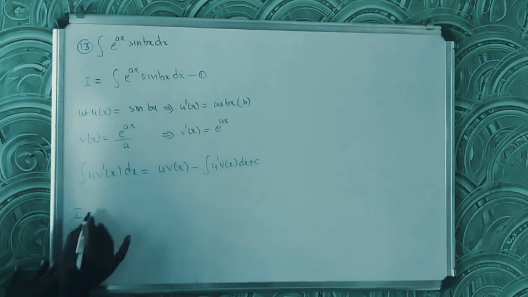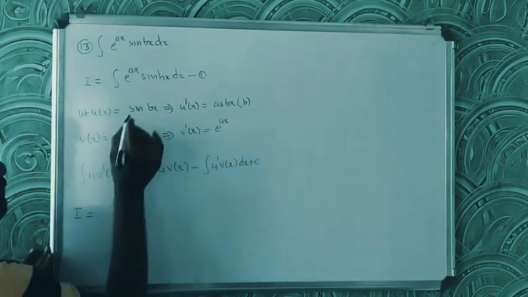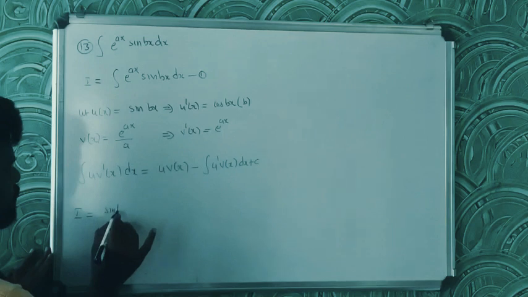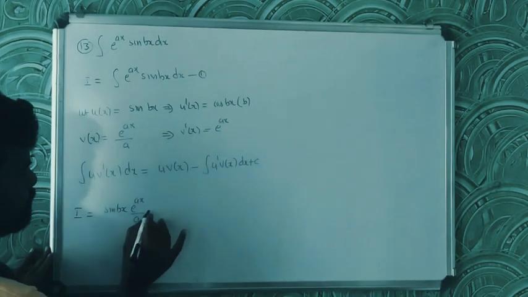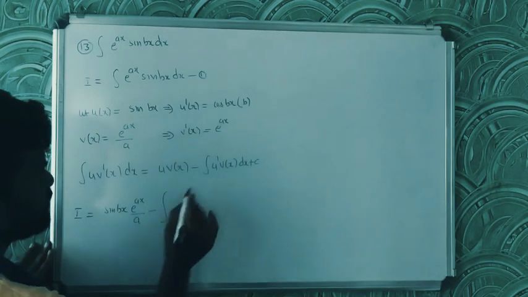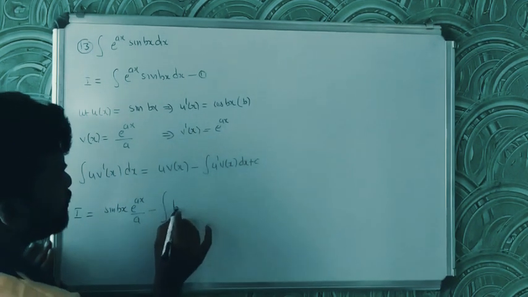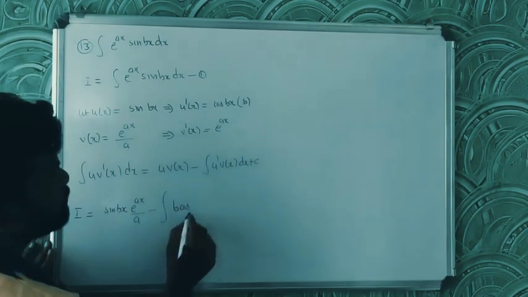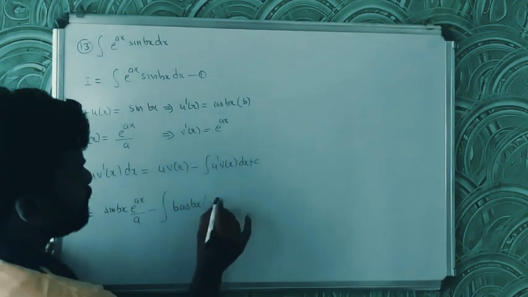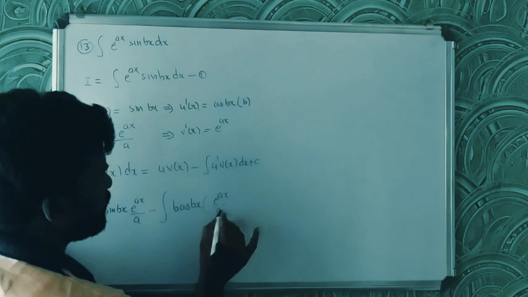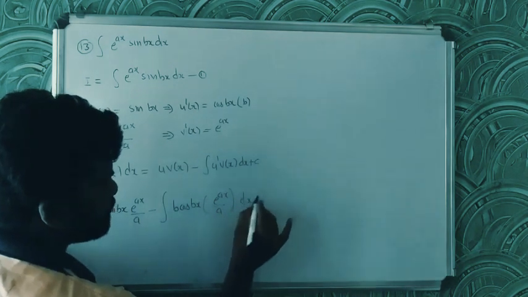I is equal to sin bx into e power of ax by a minus integration of u dash of x, which means b cos bx, into v of x, which means e power of ax by a, into dx.